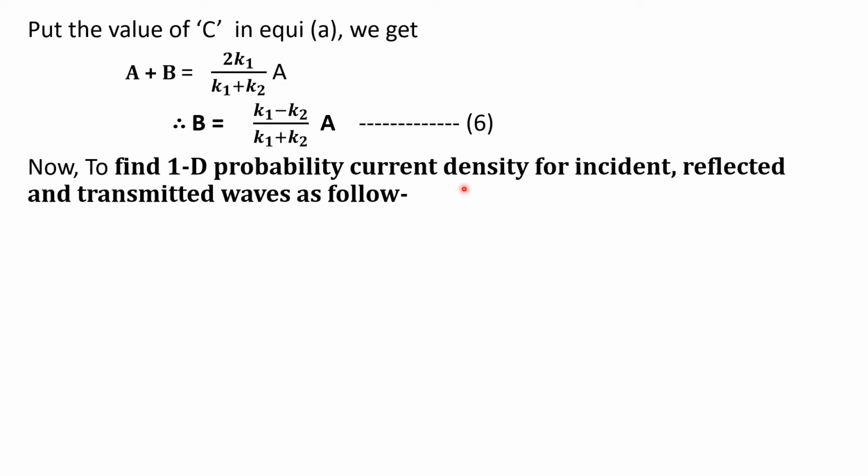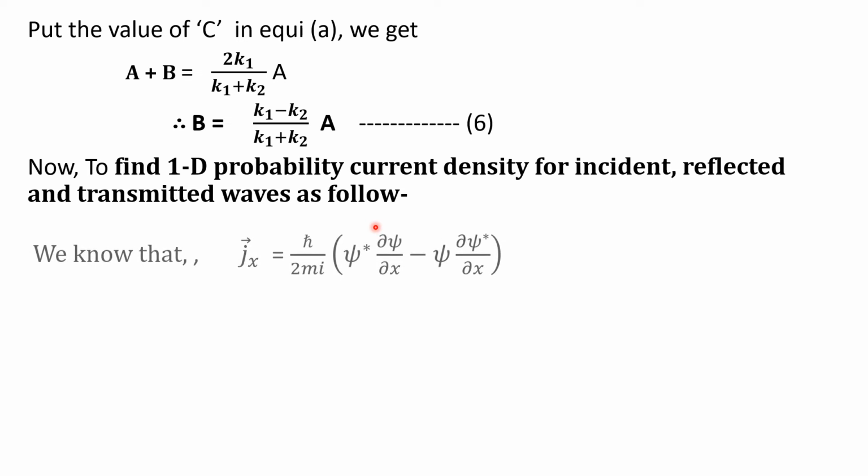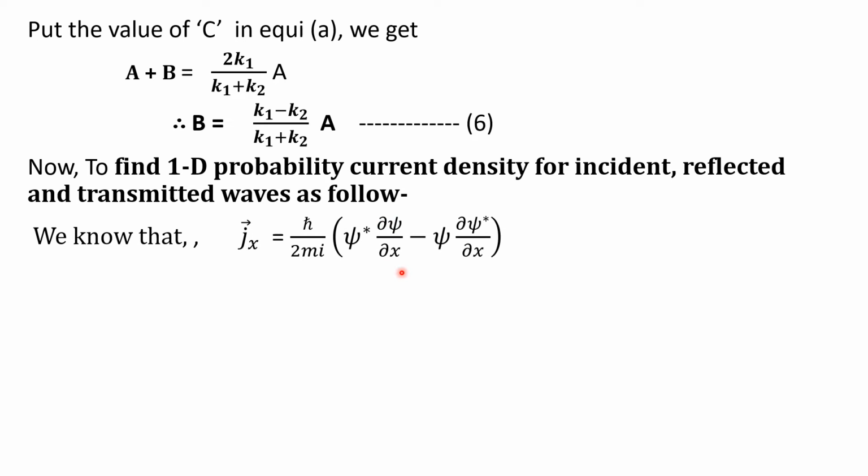We find the one-dimensional probability current density for incident, reflected and transmitted waves. What is the general formula for probability current density? That we firstly note here. Probability current density for one dimension equals h cross divided by 2mi into the bracket psi star dou psi by dou x minus psi dou psi star by dou x.